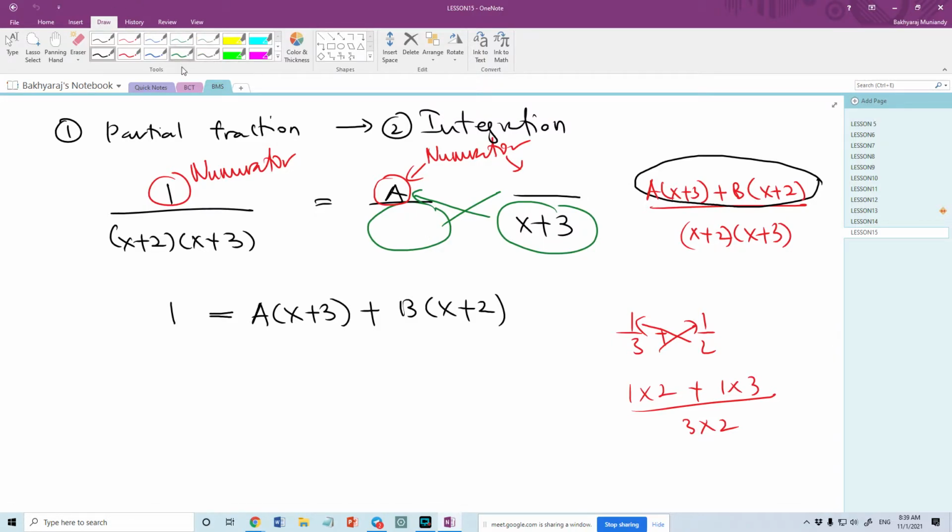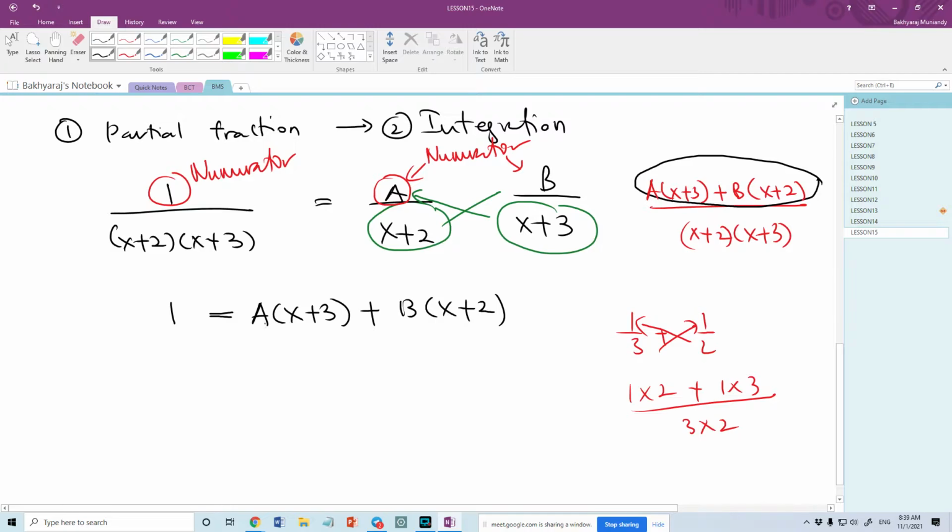Okay, it has disappeared a bit, sorry. Here there will be x plus 2, and here there is B. Okay, so we continue. Now what we need to do is cancellation. So how do I cancel? Look at this.